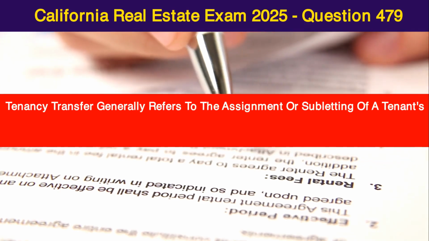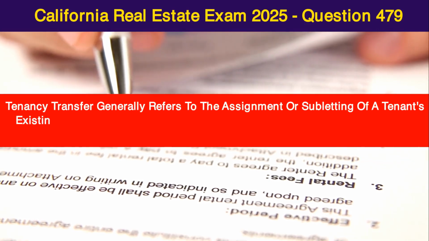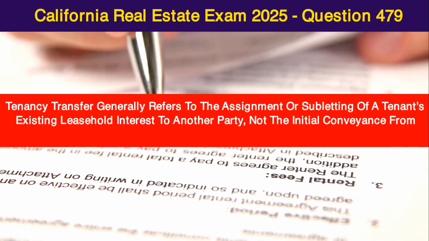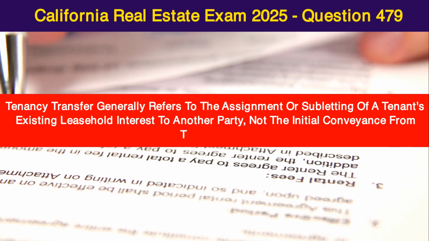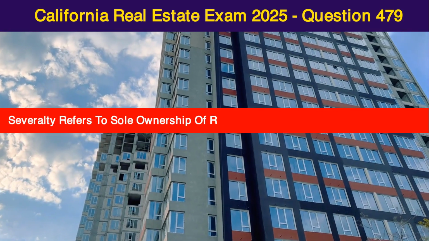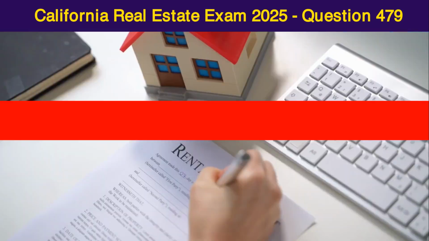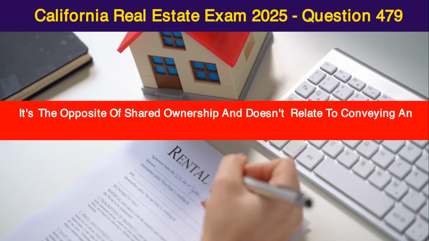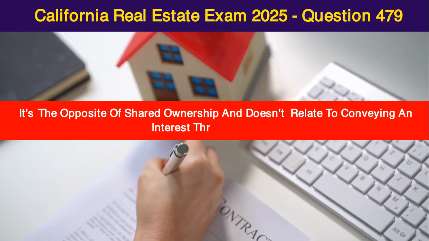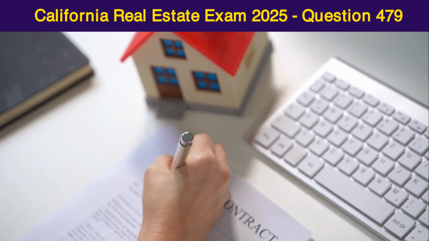Tenancy transfer generally refers to the assignment or subletting of a tenant's existing leasehold interest to another party, not the initial conveyance from the landlord. Severalty refers to sole ownership of real property by one individual or entity. It's the opposite of shared ownership and doesn't relate to conveying an interest through a lease.